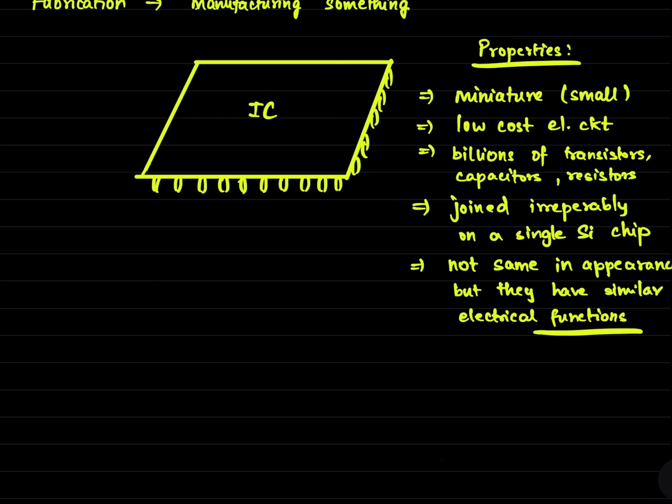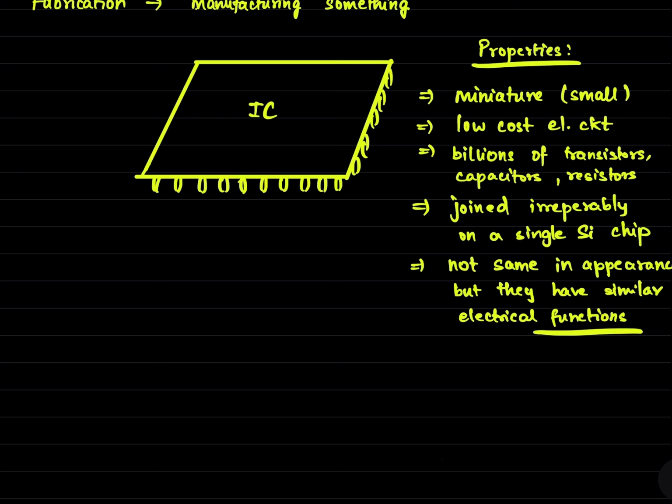If you are a curious person, you might ask, if we have the discrete components, then why do we need to create an IC? Are there any advantages of ICs over the discrete components we see in our daily life?